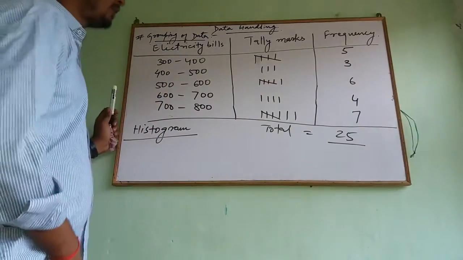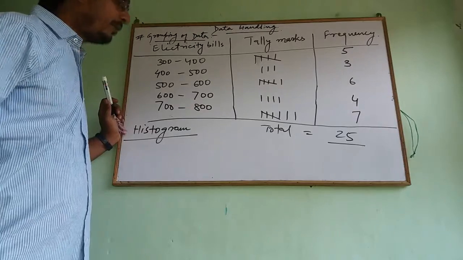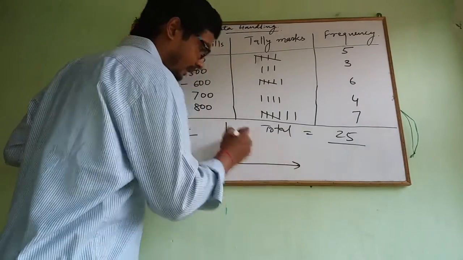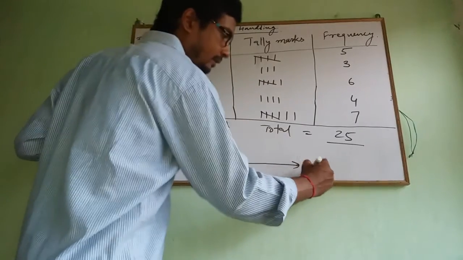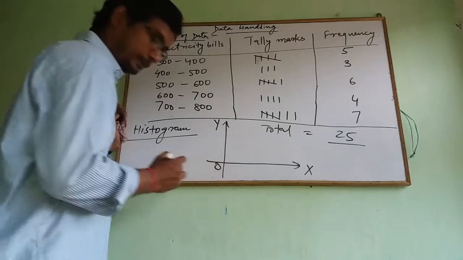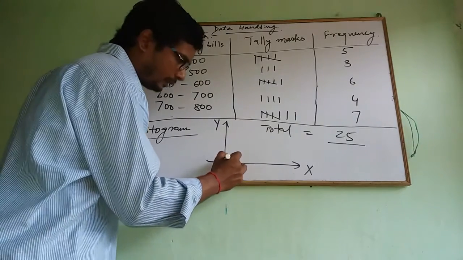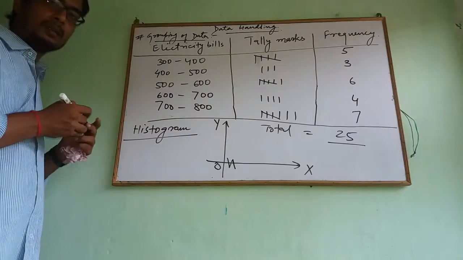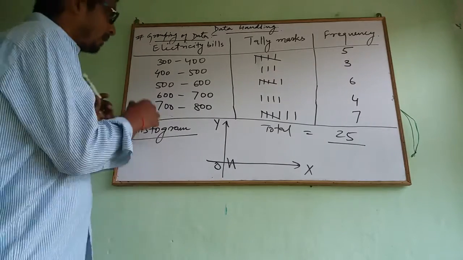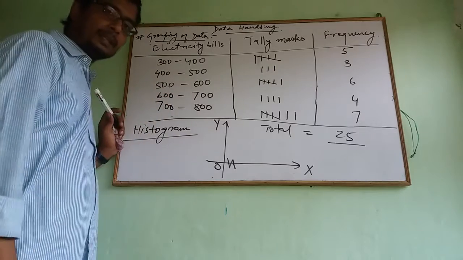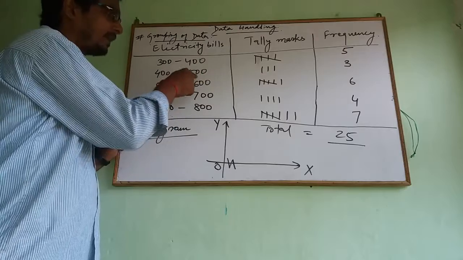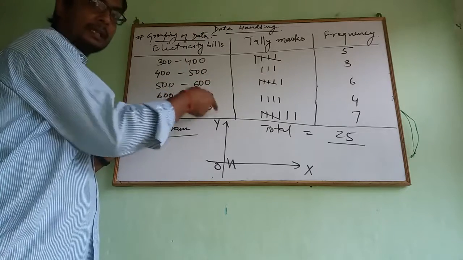In order to draw the histogram of the above table, first of all we have to take the x-axis and y-axis. So this is the x-axis, this is the y-axis. I have to show here this symbol, the break symbol. It means that our interval starts from 300, then 400, then 500, then 600, then 700, then 800.